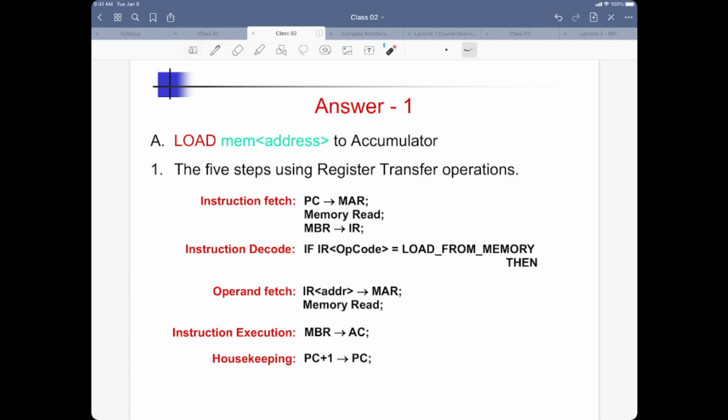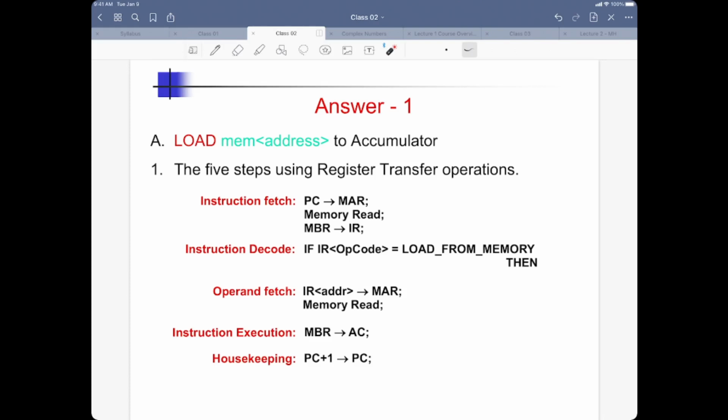When you do the operand fetch, you have that address, and that address will move into MAR. But what do you need in MBR to execute? You need the accumulator to go into MBR. So you will do accumulator to MBR and then the memory write. That is going to be your execution for store.